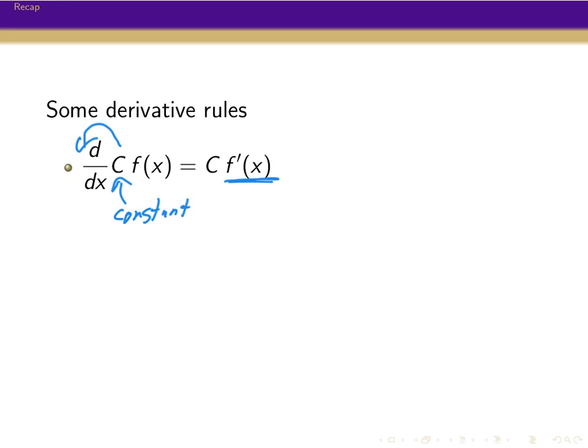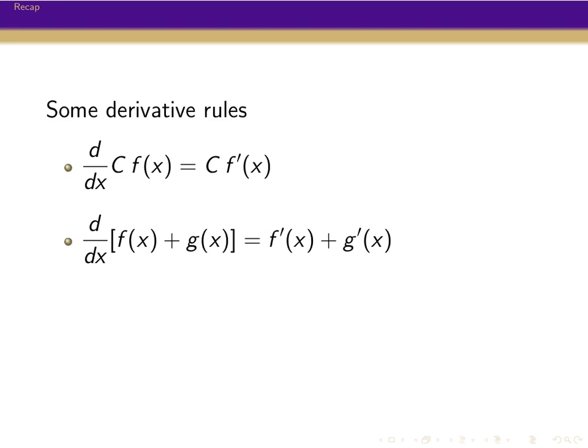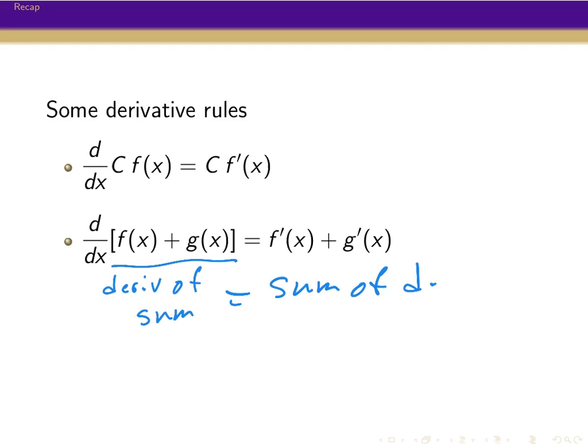So it's the constant times the derivative. Anytime you have a constant times everything in a derivative, you can just pull that constant out. If we want to take the derivative of a sum of two things, well, it's just the sum of the derivatives. So the derivative of a sum is equal to the sum of the derivatives.